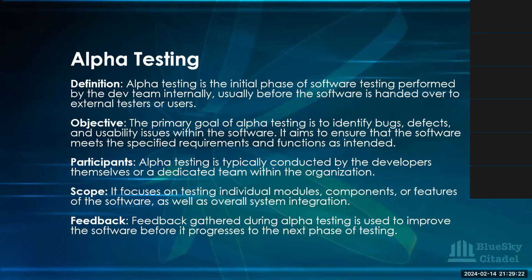Then you have the participants. Alpha testing is typically conducted by the developers themselves or a dedicated team within the organization. Then you also have the scope. It focuses on testing individual modules, components, or features of the software, as well as overall system integration.